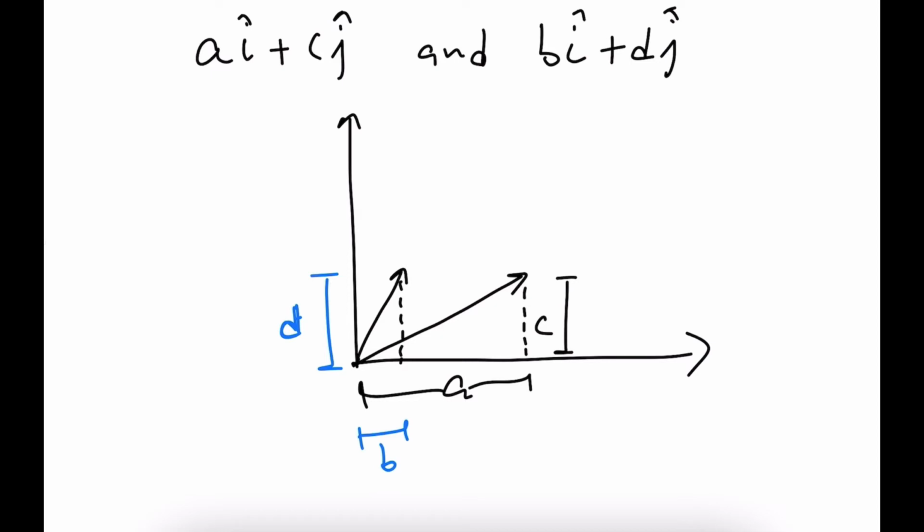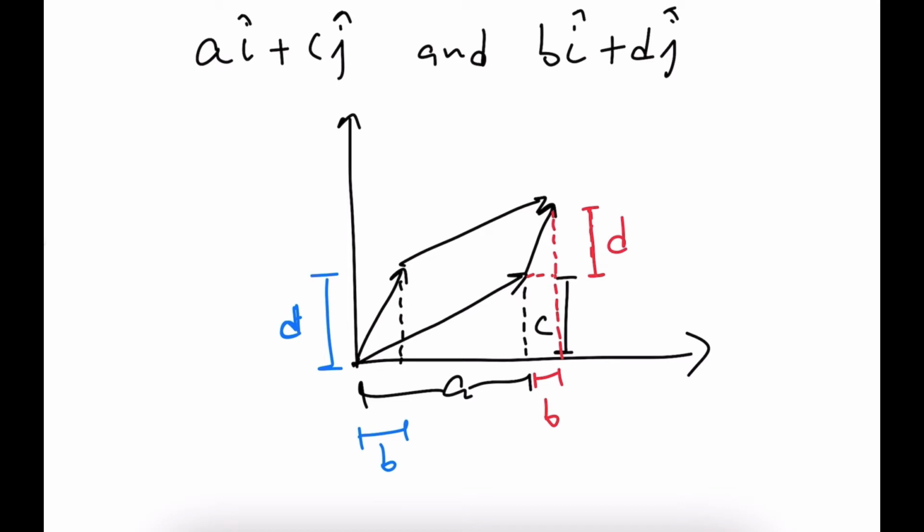So now what I'm going to do is I'm going to complete this parallelogram, right? I'm going to draw a parallelogram here, right? And if we do that, what we'll get is that this horizontal length is again B, right? And the vertical length is D, right here.